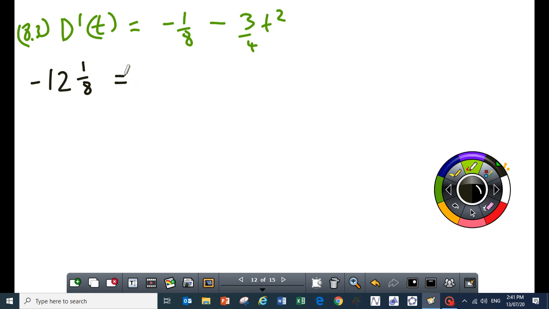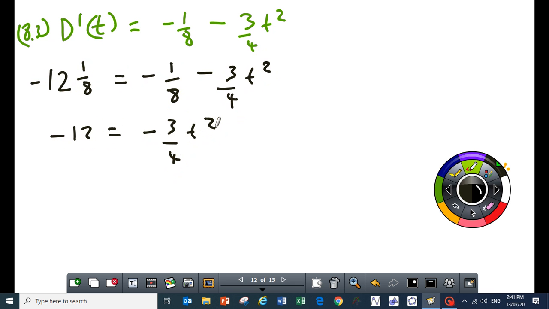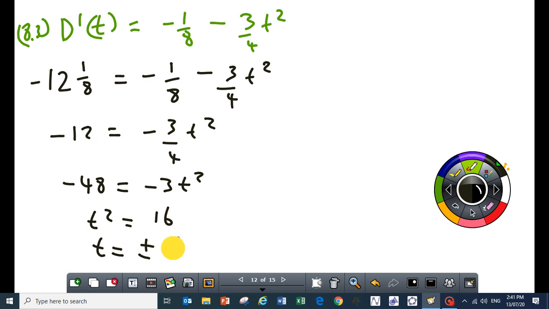This negative here won't affect the final answer in terms of its negativity. So we get 1 over 8 there minus 3 over 4 t squared. Right? If I take it, I'll get minus 12 equal to minus 3 over 4 t squared. And that will give you minus 48 equal to minus 3t squared. So t squared is going to be 16, and your t will be plus or minus 4.